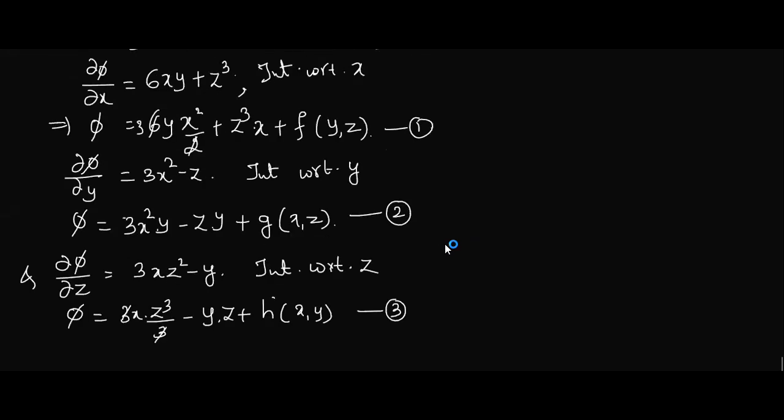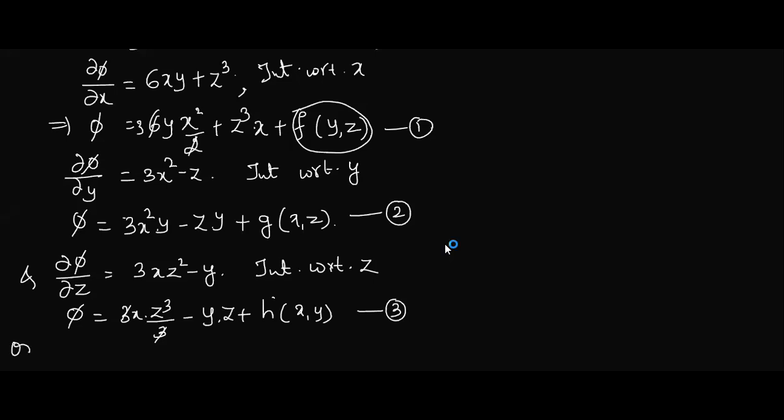See, in the first expression you have 3x square y and z cube x. We should choose some value for f, which is a function of y and z. You should choose a term containing y or z or yz, which is not present in this one, but is present in equations 2 and 3. Can you observe any such term?